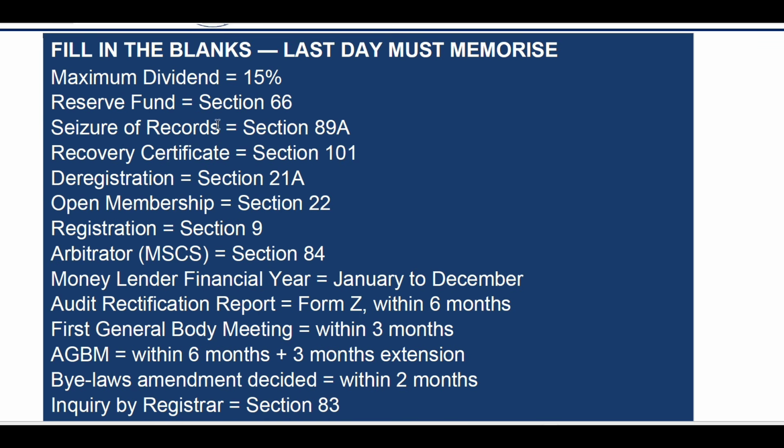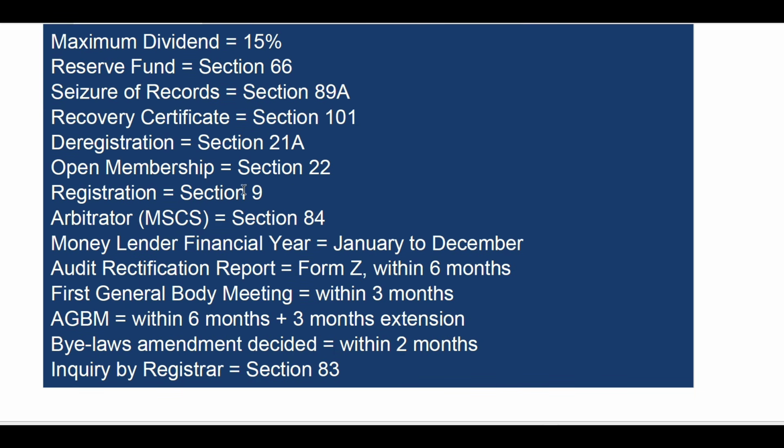Minimum dividend 15%, reserve fund under section 66, seizure of records section 89A, recovery certificate section 101, deregistration section 21A, open membership section 22, registration section 9, arbitrator under MSCS section 84, money laundering, financial year 1st January to 31st December, audit rectification report Form Z within 6 months, first general body meeting within 3 months, AGBM within 6 months plus 3 months extension approved by the registrar.